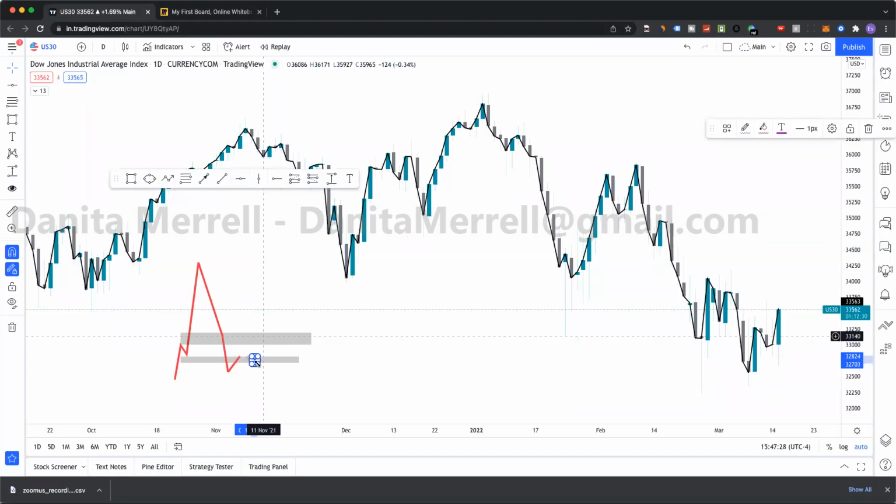If we don't have that engulfing, let's say price did this, and we had that engulfing, we can find the trade there. But if price doesn't have an engulfing, what we have to do is wait for price, even if it closes outside of it, to retest the zone one more time and form another engulfing.